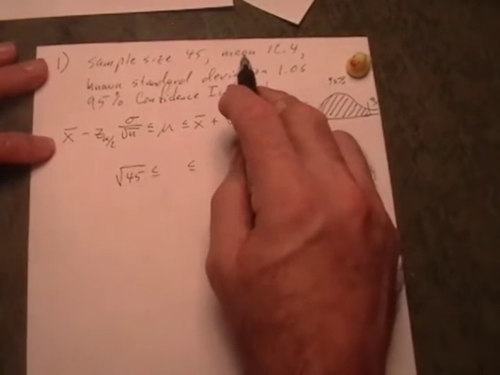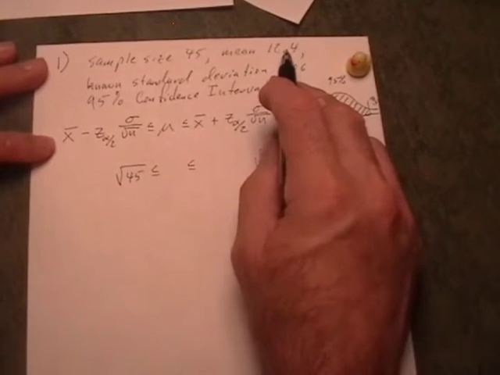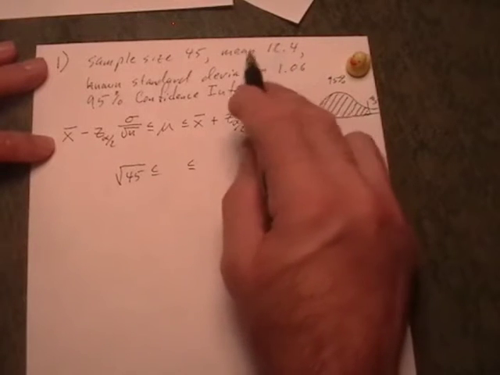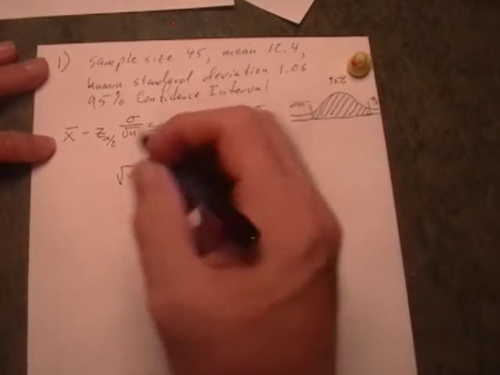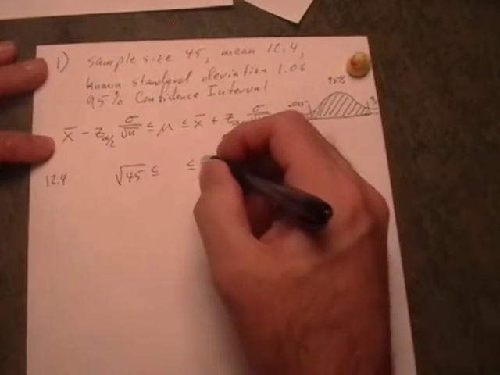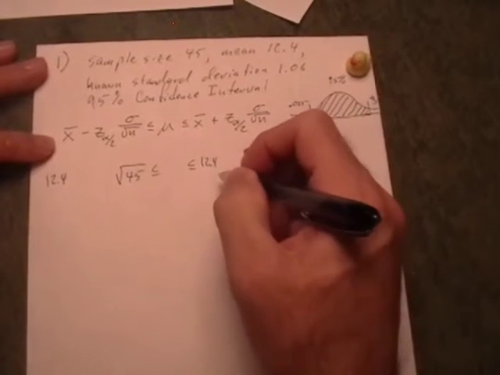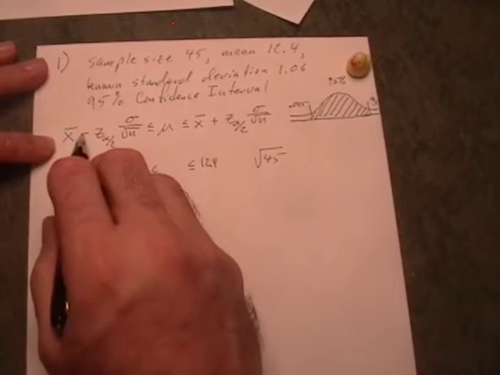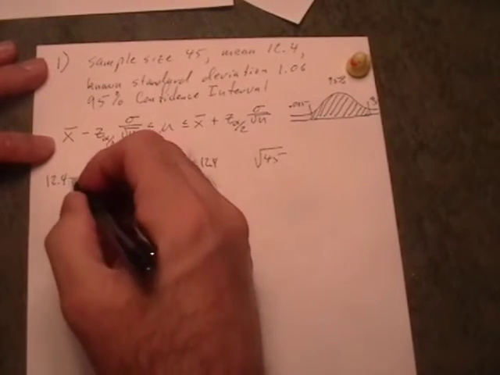You're told that the mean is 12.4. Well, the mean, the sample mean, is going to be x bar. So I have a 12.4 here. I have a 12.4 there. Remember, it's minus on one side, plus on the other side.